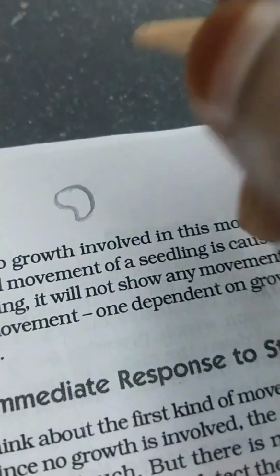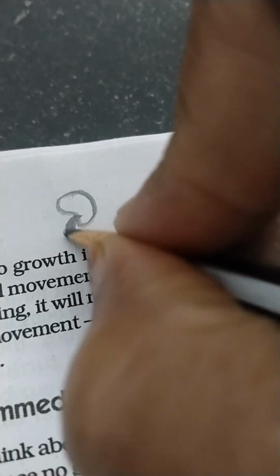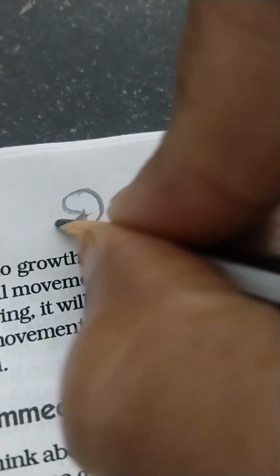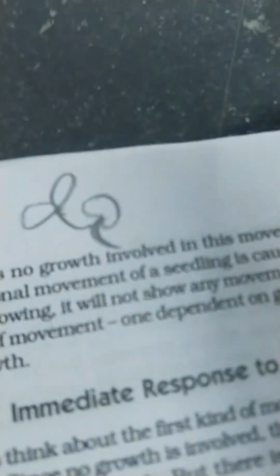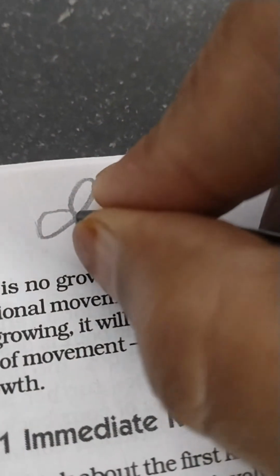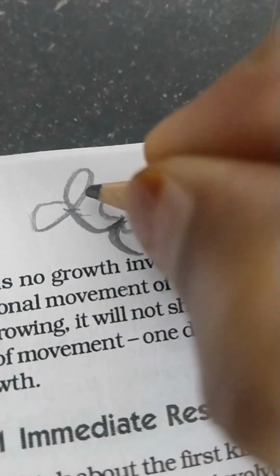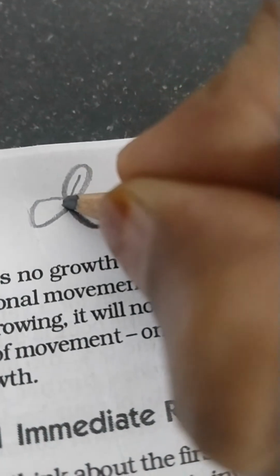If the seed is germinating, at that time the root is moving downward, whereas the shoot is going to move upward. This movement we can consider as growth, right?